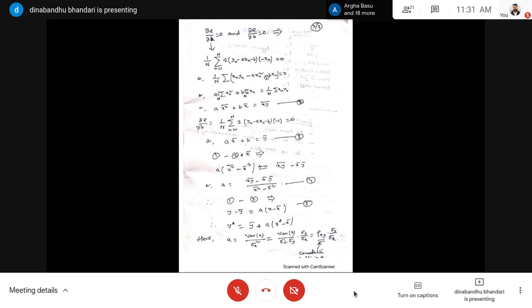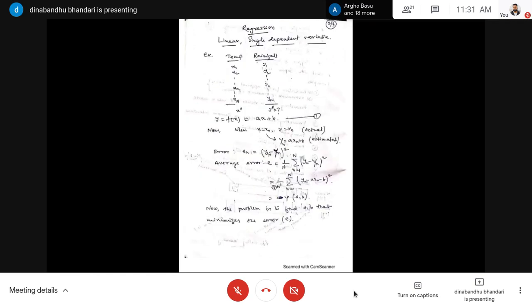Let us go back to the earlier one and see the function here. If I differentiate this with respect to A, let me do it here and then I'll come back. 1 by N is a constant, and the summation will also be there. Now if I differentiate this whole thing with respect to A, we have to follow the chain rule.